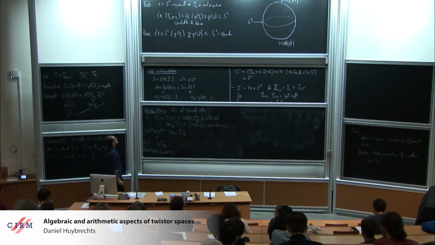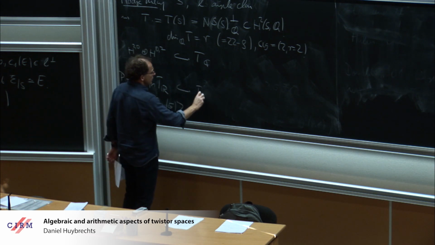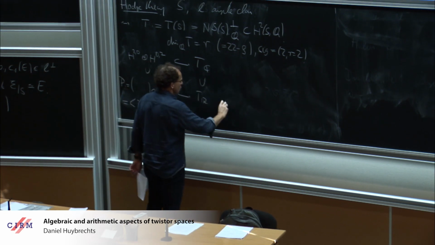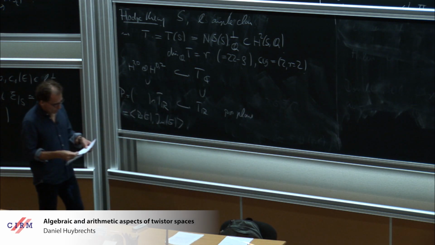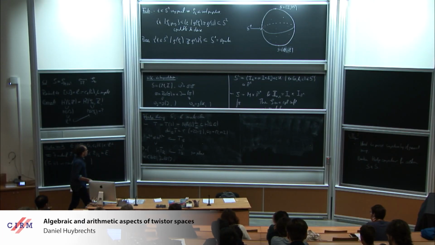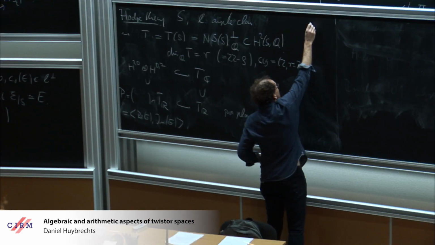So if you want, that's omega_j and omega_k. This is a positive plane in the real vector space T_R. So that's a positive plane. Okay. Also, we know that T is an irreducible Hodge structure.